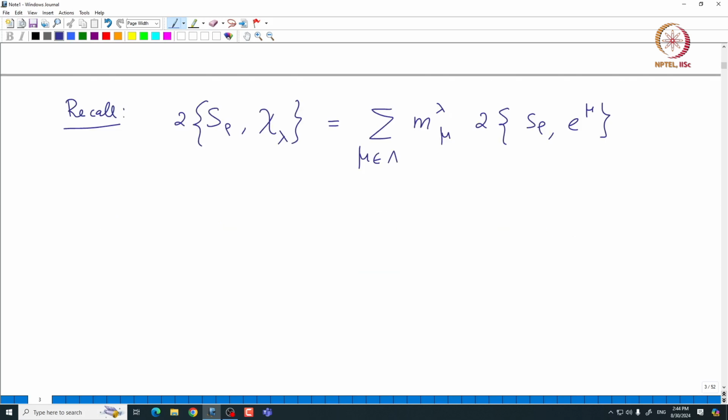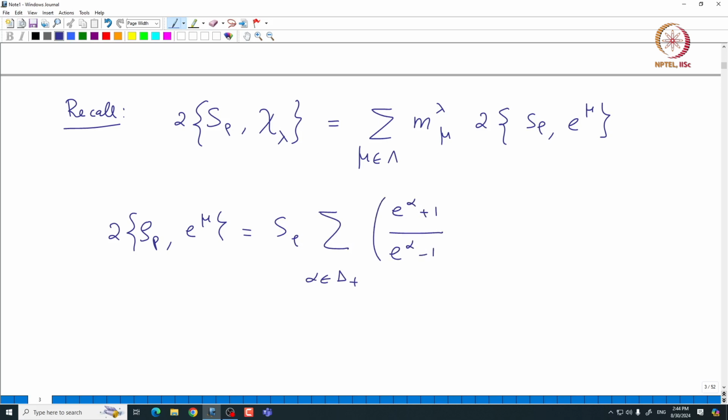Now we already know that twice S rho comma e power mu is given very explicitly by this formula: S rho times the summation over alpha in delta plus of e power alpha plus 1 divided by e power alpha minus 1, times the inner product mu alpha, times e power mu.